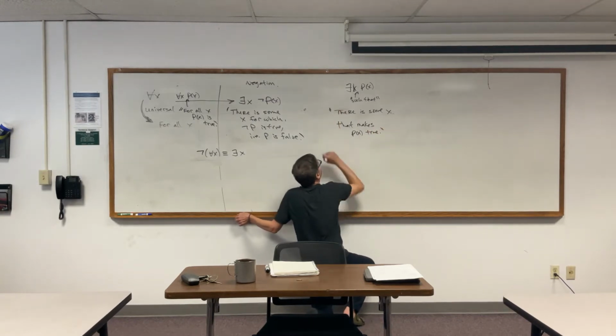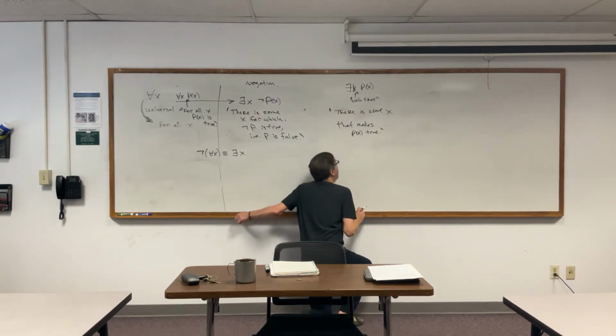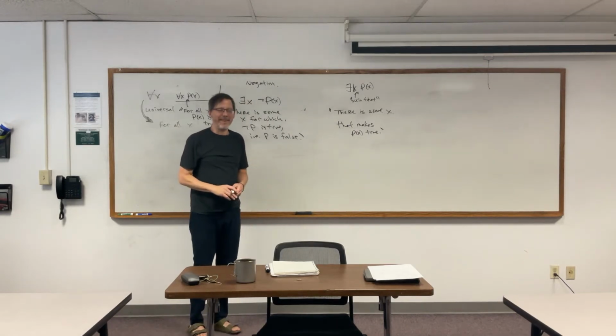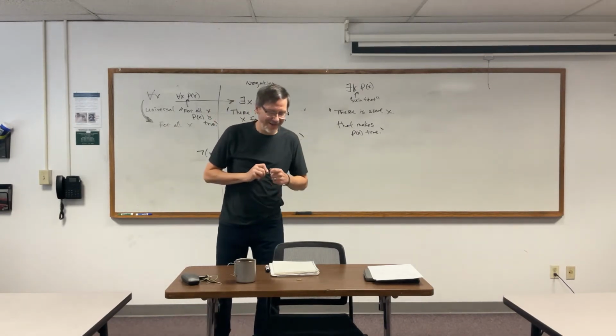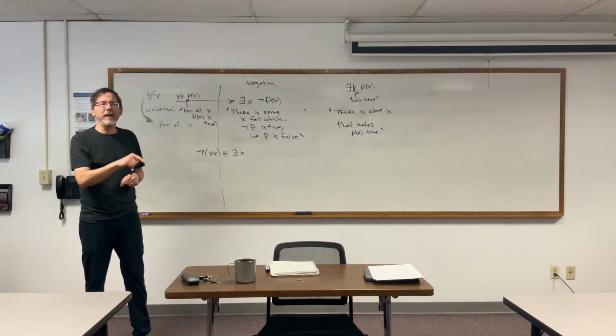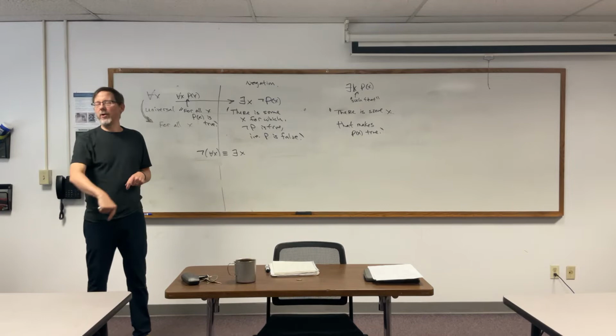So that's the way I would read that sentence. What would be the opposite of that? What would be the opposite of saying there is someone in here with 3 quarters in their pocket?